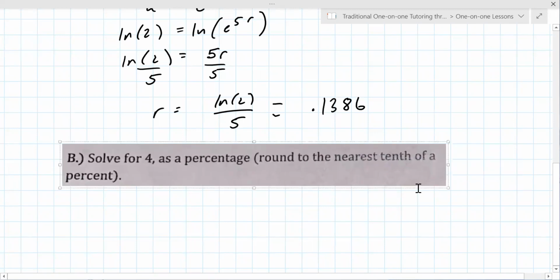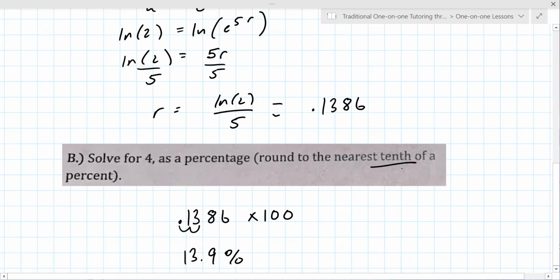When you go to a bank, usually you see things in terms of a percentage. So you take that number and multiply by 100. It's the same as moving the decimal place twice. So it's 13.9%, because it's to the nearest 10th. Is that all clear?